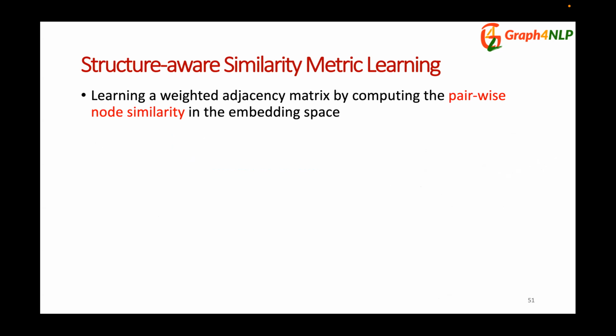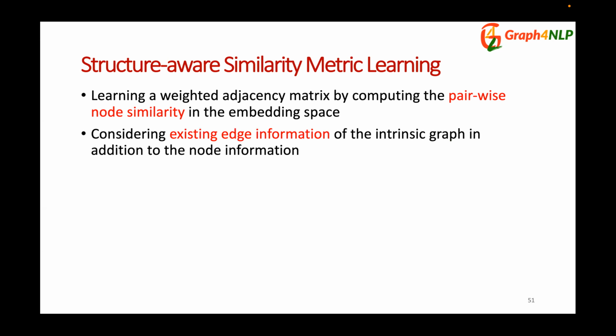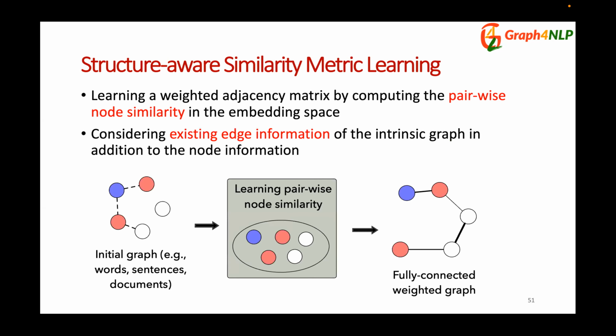Now let's talk about another type of graph similarity metric learning function, called structure-aware similarity metric learning. Unlike the previous node embedding-based metric learning, this approach additionally considers the existing edge information of the intrinsic graph when it is available, because in some NLP applications we do have some reliable intrinsic text graph we can utilize, and we don't want to totally discard that useful information.